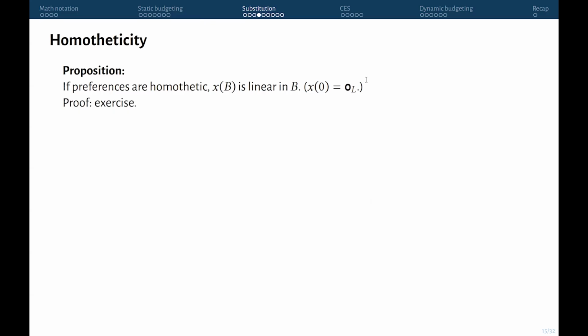So if that's not obvious to you, then do try to work through that on your own. And as I noted as we were going through it, demand for each good was indeed linear in the budget in that example from before, that simple budgeting problem, which we just observed had homothetic preferences.